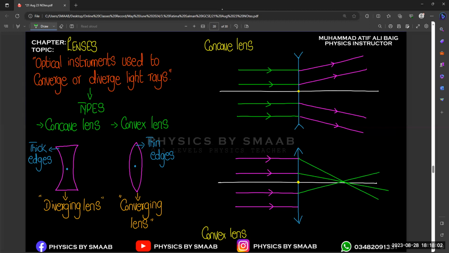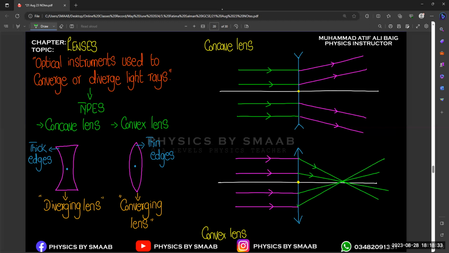Clear? Any confusion between the concept of converging and diverging lens? No. Okay. So basically converging means all light rays are moving through one point. It means this lens will help you to converge or combine all the light rays passing through this lens.